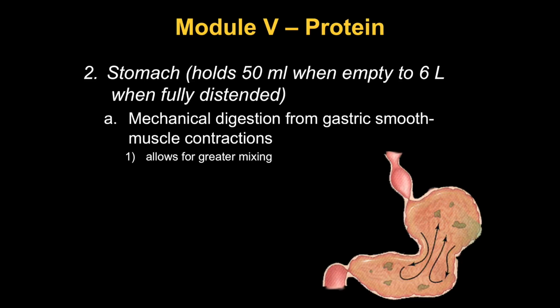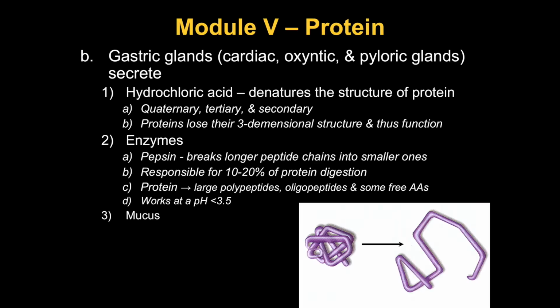So we've got the churning that occurs from all of the muscles contracting in the stomach, which allows that acid, that chemical part, that hydrochloric acid, to be mixed in with the partially digested food, which then will break apart these long chains of peptides into smaller and smaller bits. The point of the digestion of proteins is to get down to the level of amino acids and some dipeptides and tripeptides.